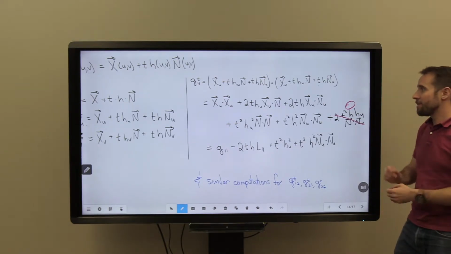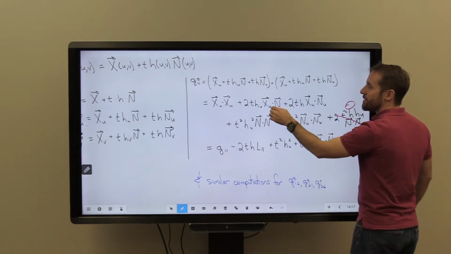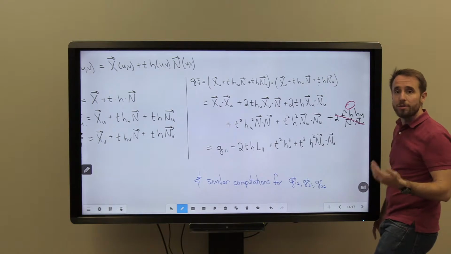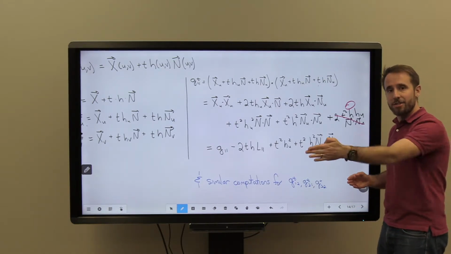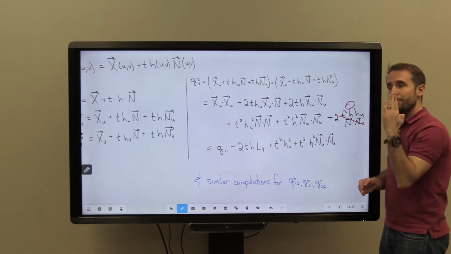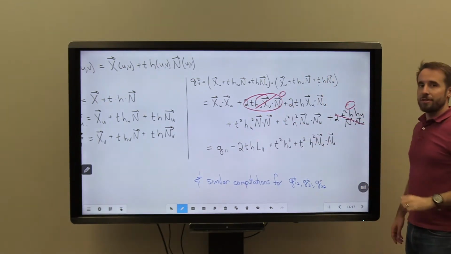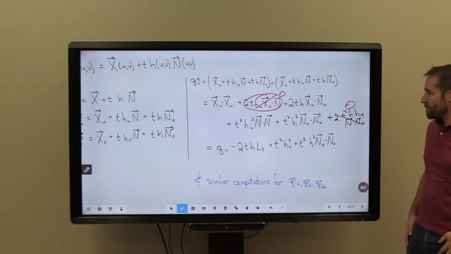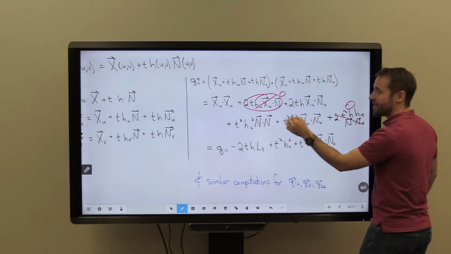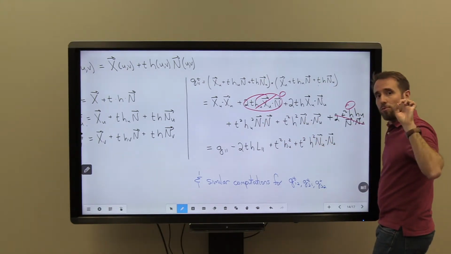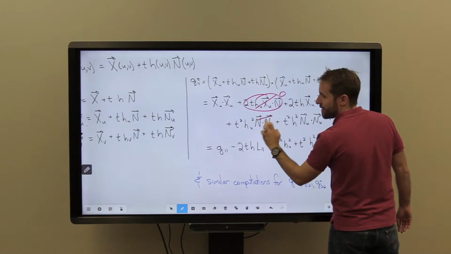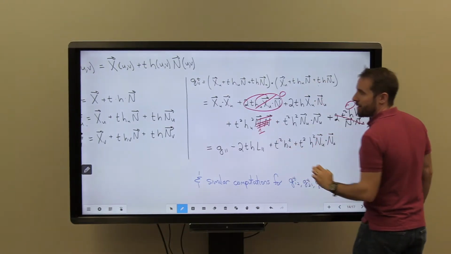Similarly, n dotted with x sub u will also disappear. x sub u is tangent to our surface, n is normal to our surface. That will be a 0. What else we got? n dotted with n will just equal 1 because n has unit length. So that will just become a 1.